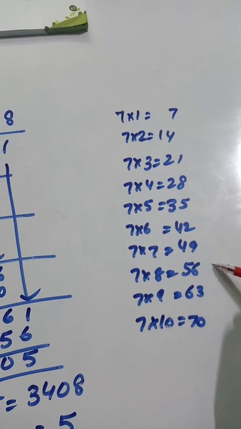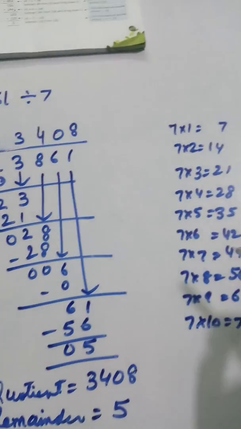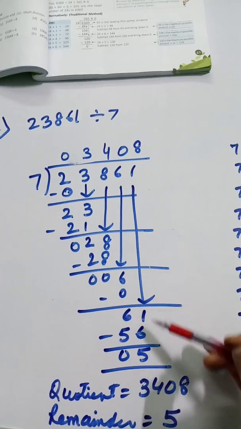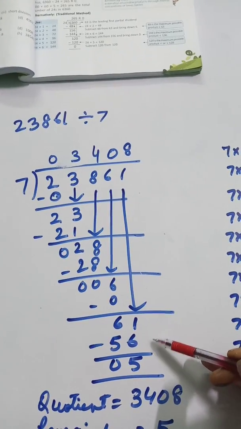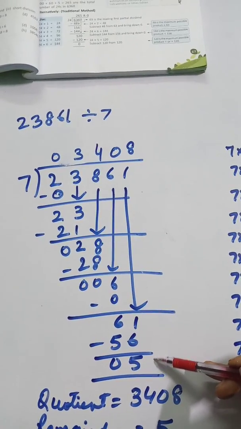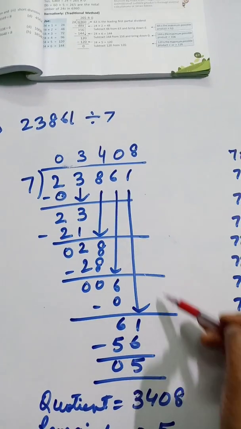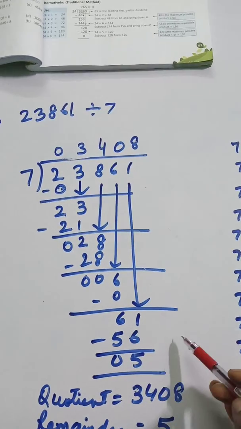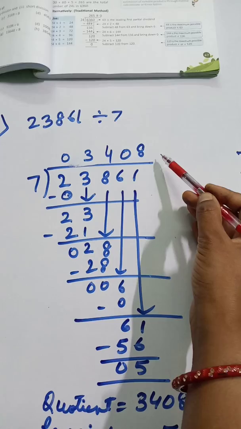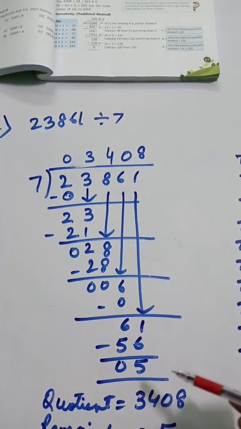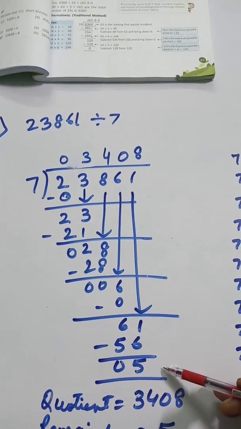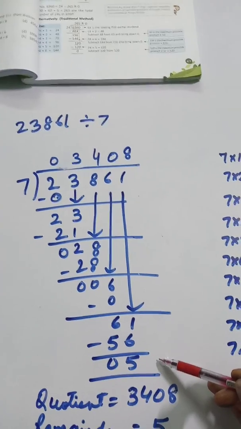You cannot apply that. So apply here, children, 7 8s are 56. On subtraction we are getting 5. Now here no more digits to carry. So our quotient is 3408 and remainder will be 5.